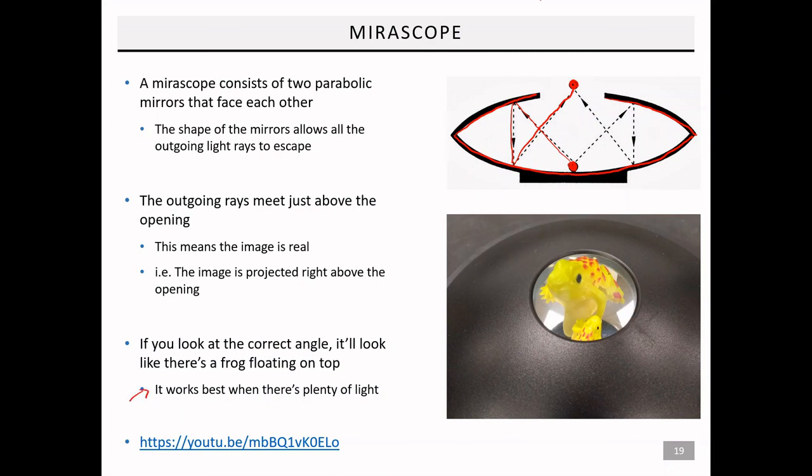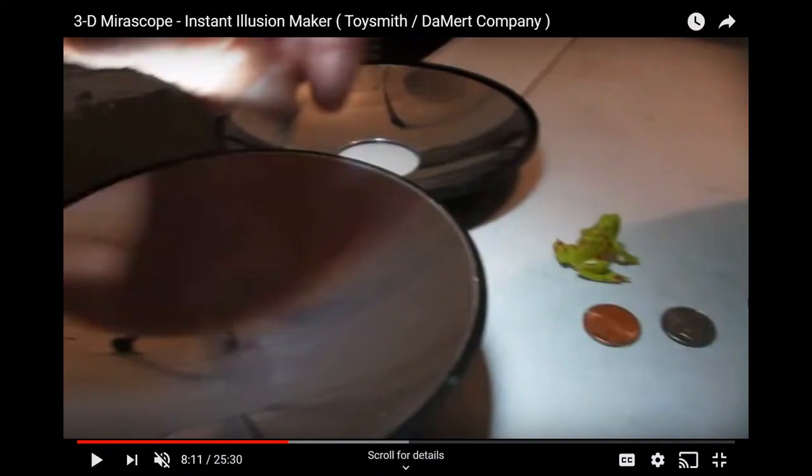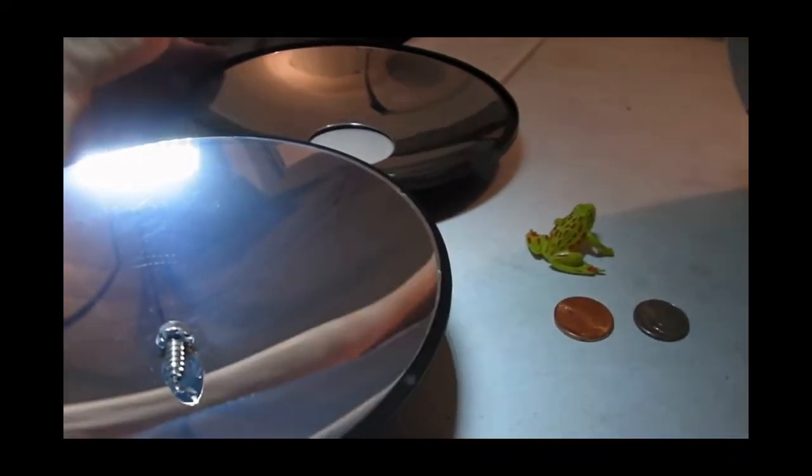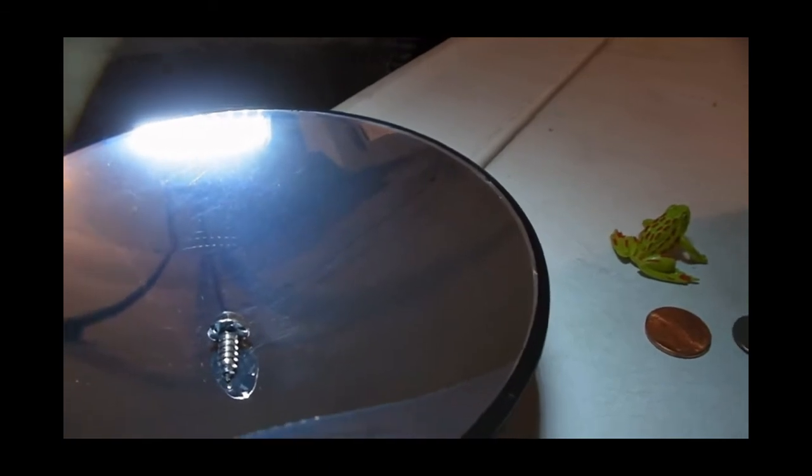The image at the bottom is just one that I took to show you as an example, but this really doesn't do it justice. I also found a video that shows you a little bit better what I'm talking about, but it also does not quite do it justice. So here you can see him setting it up with a screw. He puts a screw in the bottom, he puts the top on the miroscope, and then when he points the camera at it at the correct angle, it looks like that screw is just floating right on top of the miroscope.